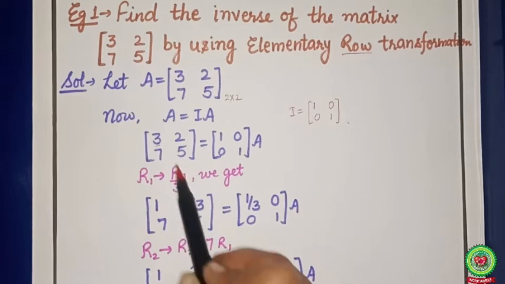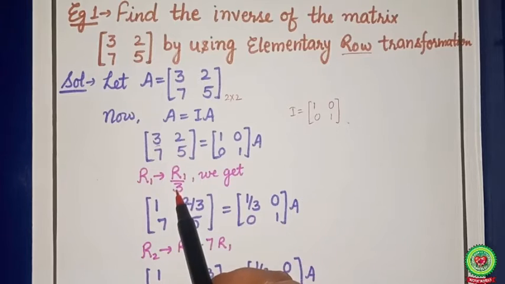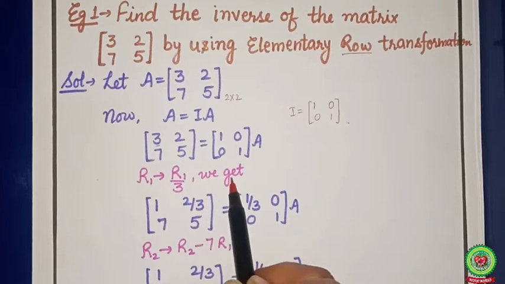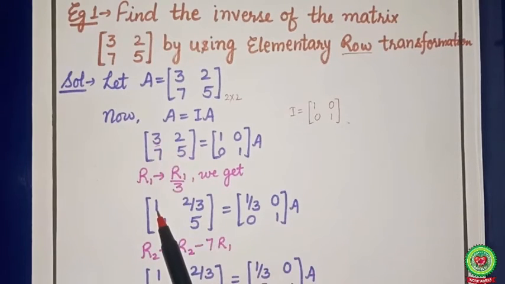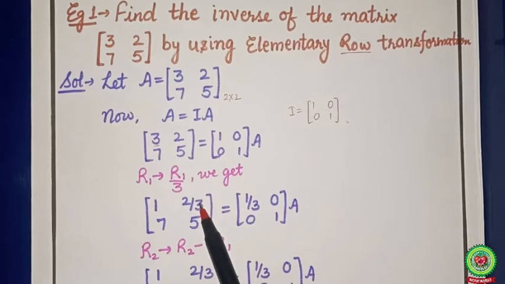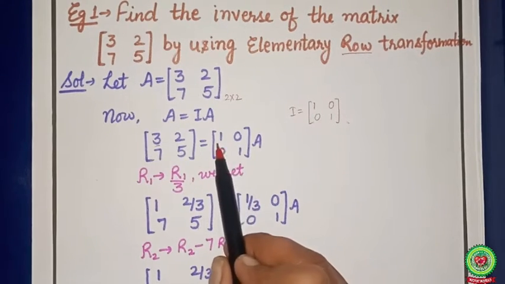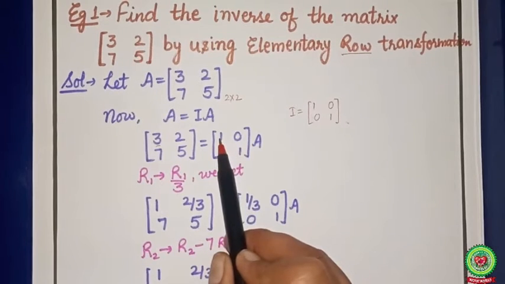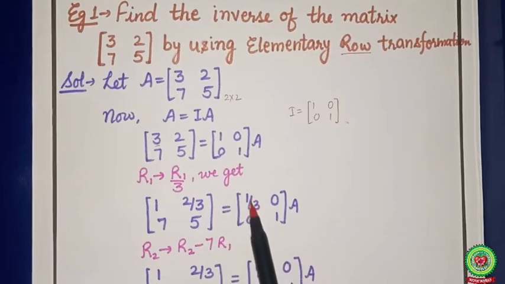We will divide the whole row by 3. So we get here 3 by 3 is equal to 1. Here 2 by 3 will be there, and second row as it is. Same operations will be applied on the I also. So in the first row, when it is divided by 3, we get 1 by 3 and 0. Second row as it is.